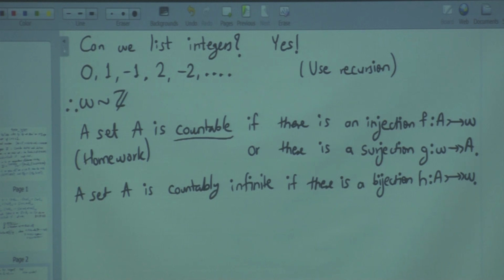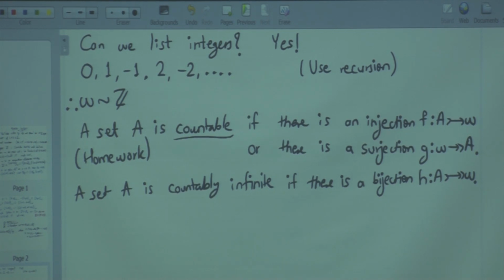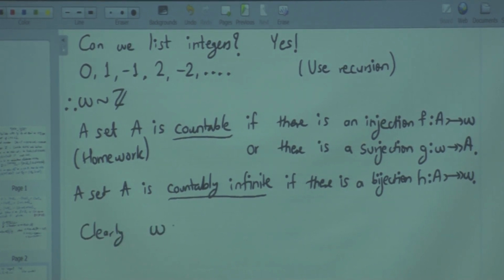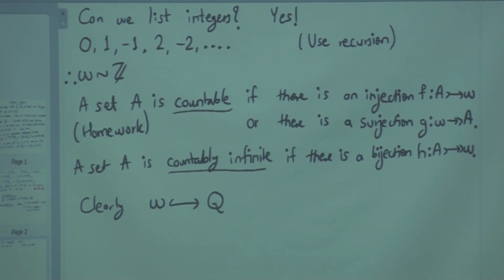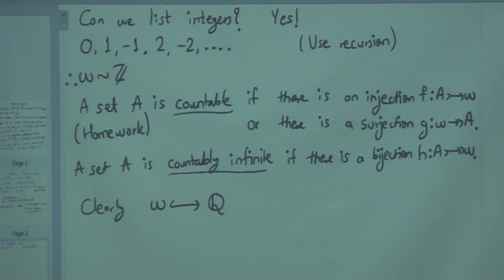Now, what method do we have of proving the existence of bijections? Cantor-Schroeder-Bernstein theorem, right? CSB theorem. So clearly, natural numbers embed inside rational numbers. Rationals are denoted with the symbol Q. So you only need to show that there also exists the reverse.